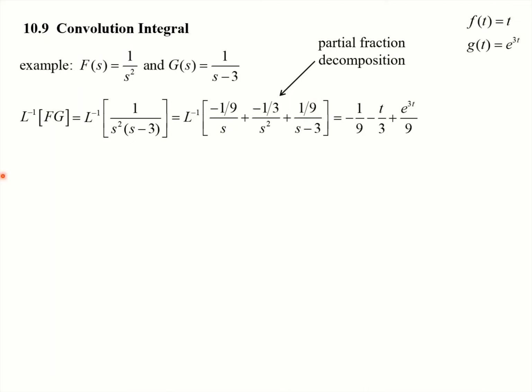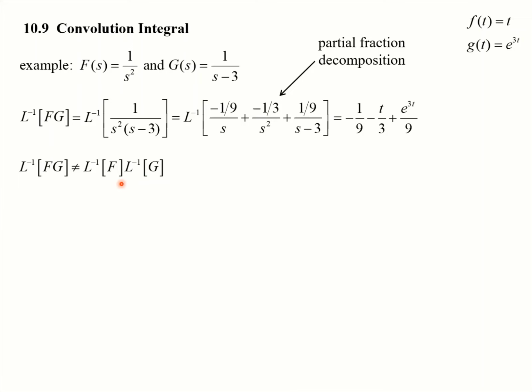Okay, so here's something that you can do, and it's helpful on some problems. But before we get to that, we want to realize that the inverse transform of FG does not equal the inverse transform of F times the inverse transform of G. Okay, so that is not the case. So you might say, well, I thought it was a linear transformation. Linear transformation you would have an F plus G there, not F times G. So that can't happen, and let's just verify that.